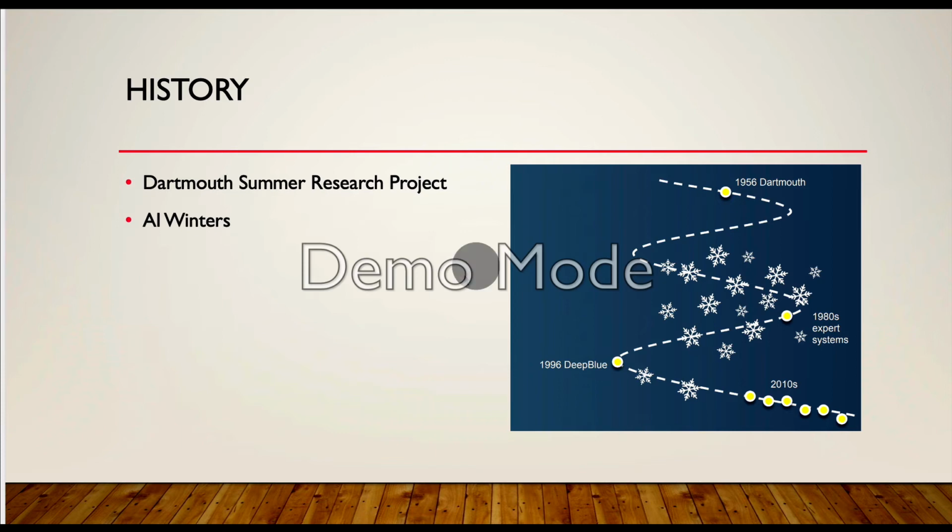The term AI itself was coined in 1956 when a couple of researchers met at the so-called Dartmouth Summer Research Project on Artificial Intelligence. A lot of the concepts that we'll learn about in this course and that we use in AI today were developed back in the 1950s and 60s.